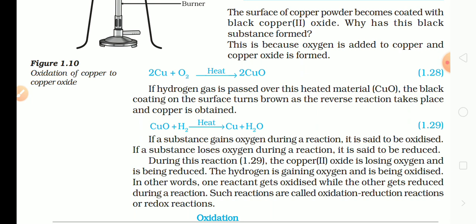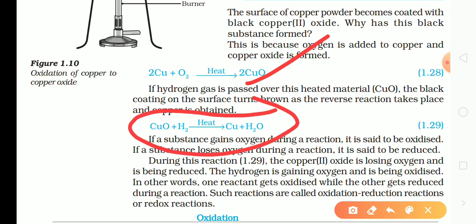When oxygen is added to copper, it is called oxidation of copper. In the second reaction, when hydrogen is added to copper oxide, we can say copper oxide undergoes reduction.